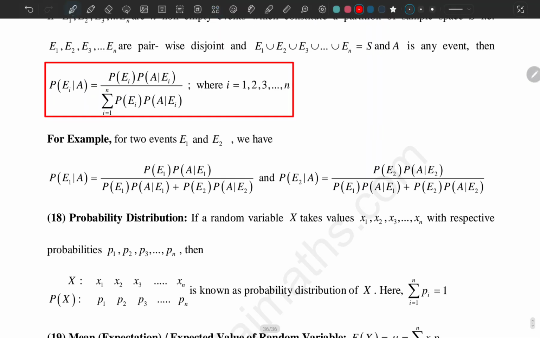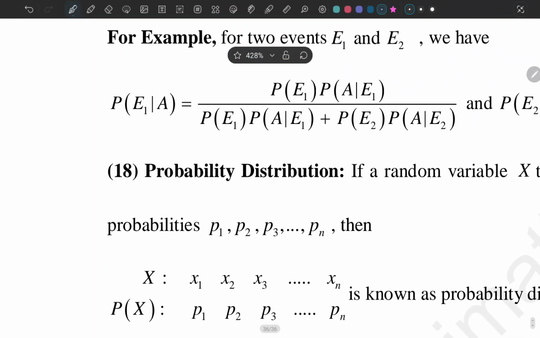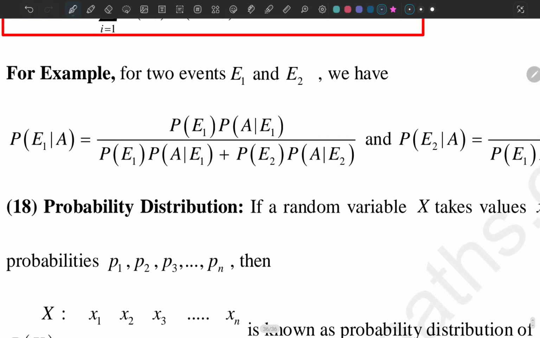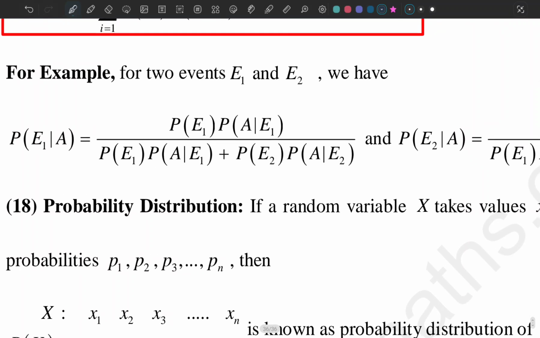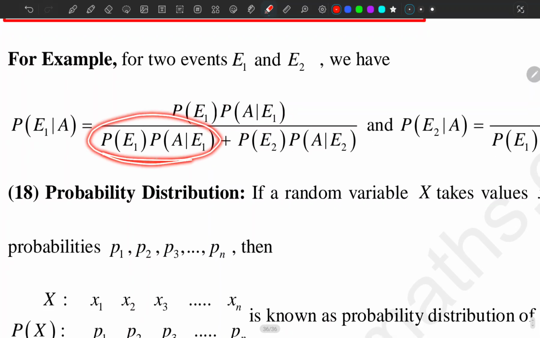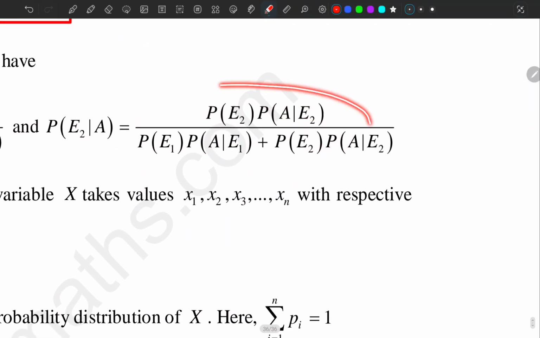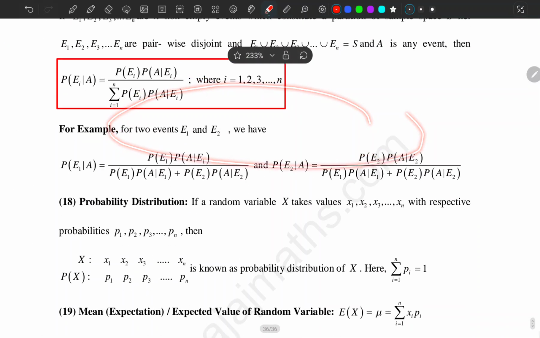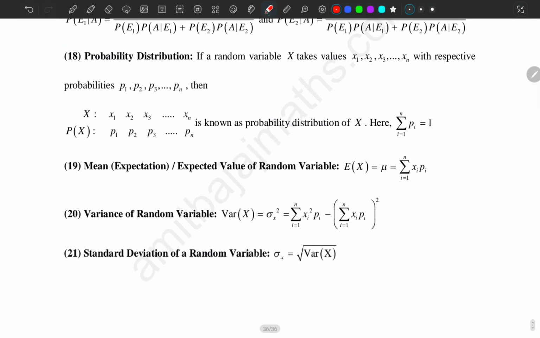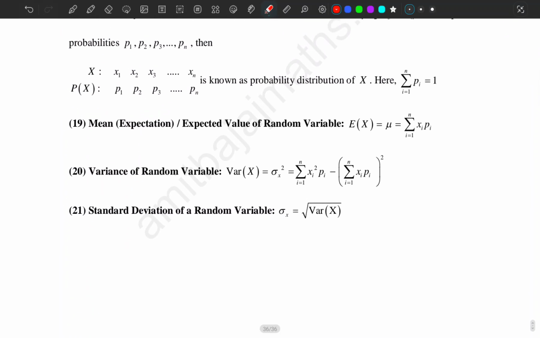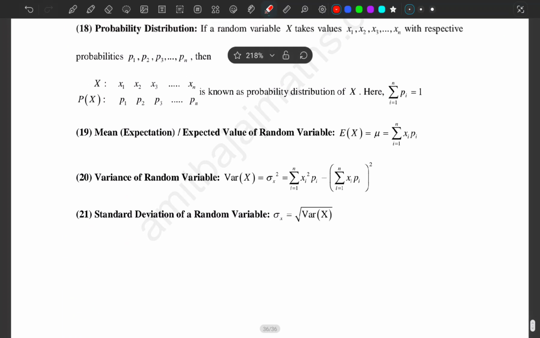I hope you understand that P of E1 given A can be represented as P of E1 times P of A given E1 over the total probability. And same for this one, it is also something like that. And the rest of the things are unnecessary, but if you want, you can just read them out. And that's how we did this.